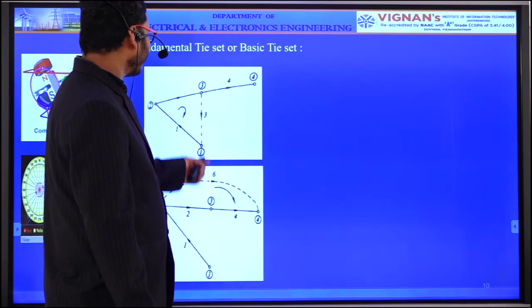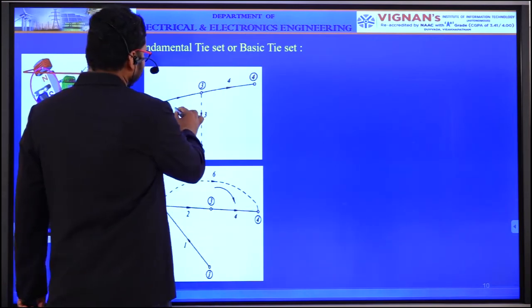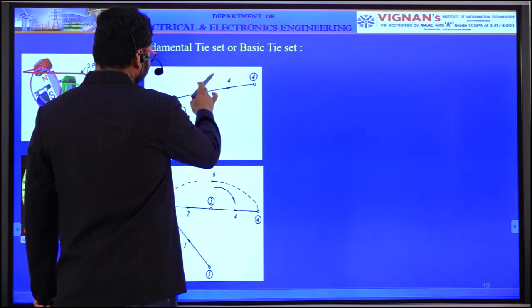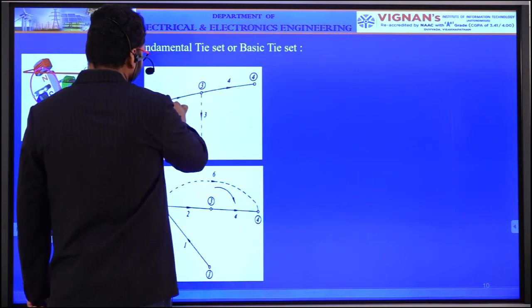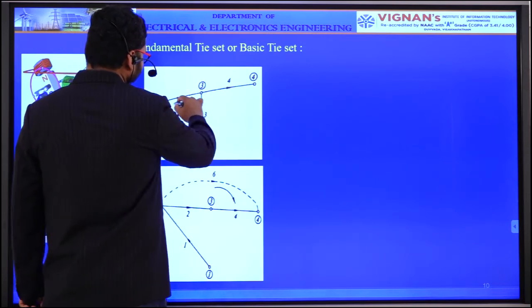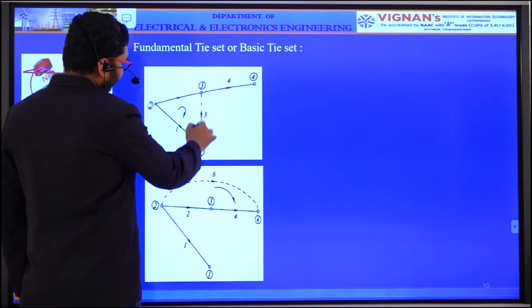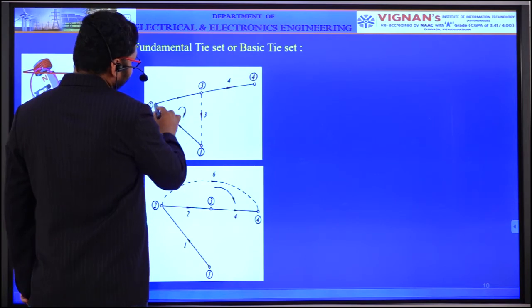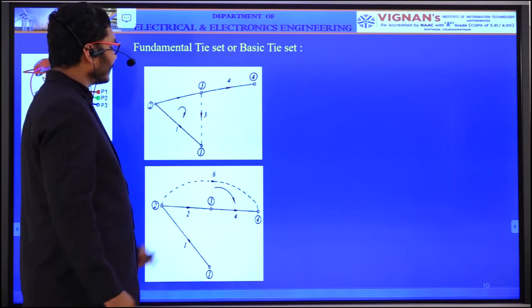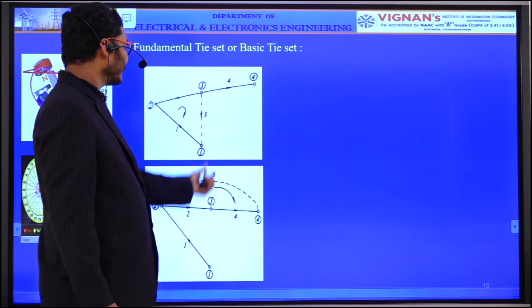So if you see for the previous network, if you form the 3 to 1 link, the remaining branches form the closed path. Okay, if you make it 3 to 1, it forms the closed path. It means these are the tree branches, the only co-tree branch is 3. It means this is the basic tie set.